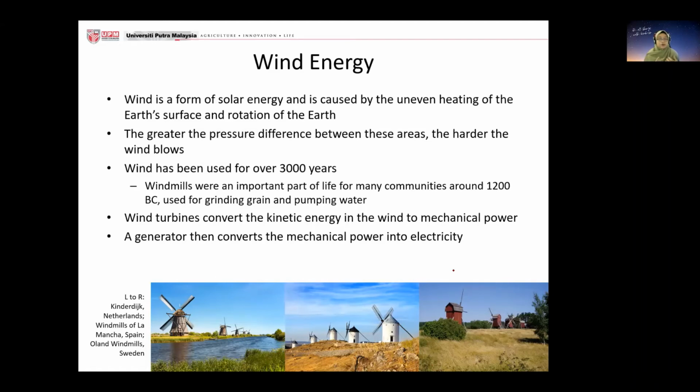But now we, as the people of the earth, are using electricity as our energy. So it requires the generator. We have that mechanical power, which is converted into electricity using a generator.